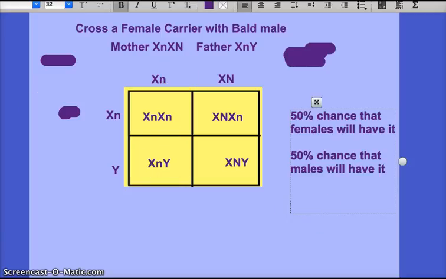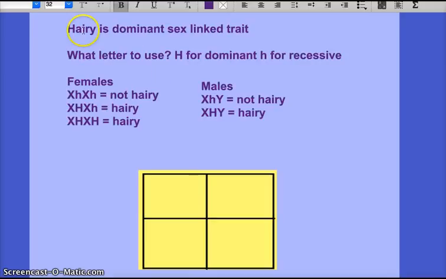If we move on to the next example, and this is hypothetical, hairy is dominant and it's a sex-linked trait. So I'm giving you a dominant sex-linked trait. If we're going to think of what letter to use, we're going to use H because H is the dominant trait. So capital H for dominant and little h for recessive. These are the possible genotypes for the females, and these are the possible genotypes for the males.